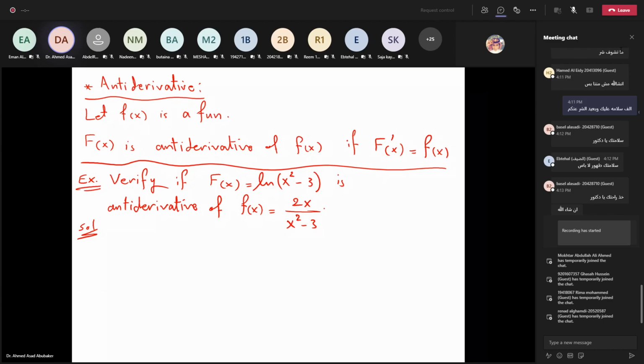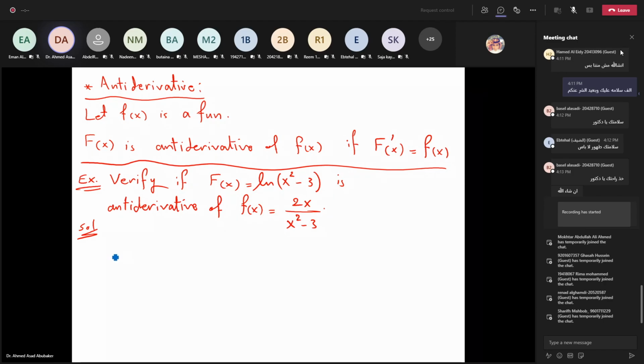Yes or no? To check this, find the F prime of capital. So we have ln, so the derivative is a fraction. In the numerator, the derivative of the inside of the ln, so we have 2x.